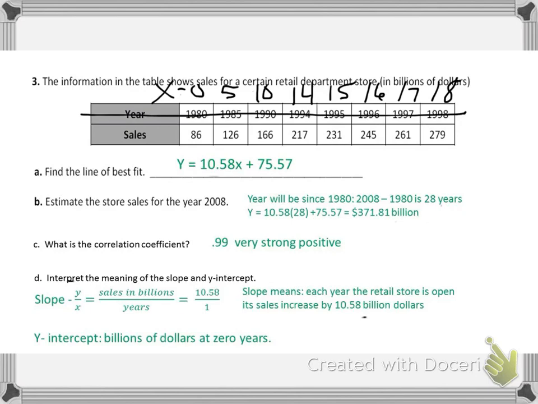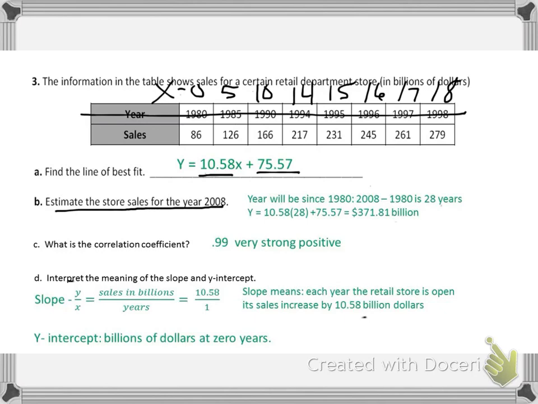So here's our line of best fit after we put it into Desmos. If you need more help with Desmos, just rewind this video. So 10.58 is my slope, or m, and 75.57 is b, or the y-intercept. I want to estimate the store sales for year 2008.